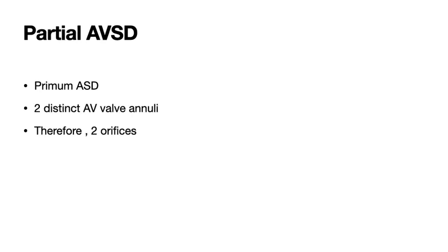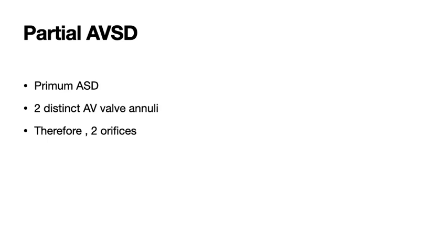Now, a partial atrioventricular septal defect, you'll have a primum defect, but you actually have two distinct AV valve annuli. So there are two orifices. In the complete atrioventricular septal defect, there is one single orifice with multiple leaflets, in this common AV valve.